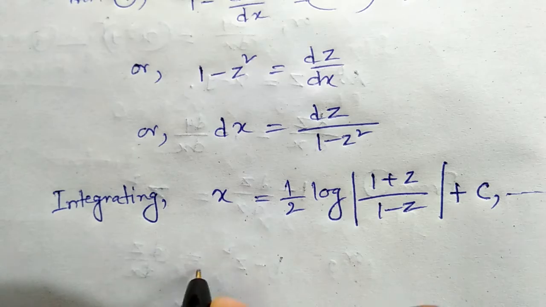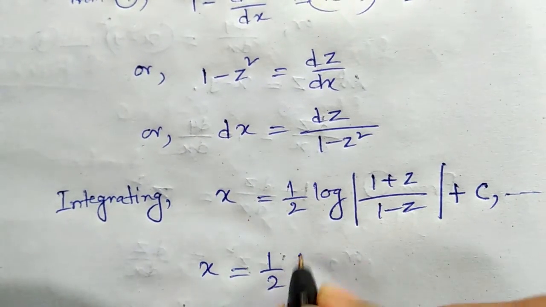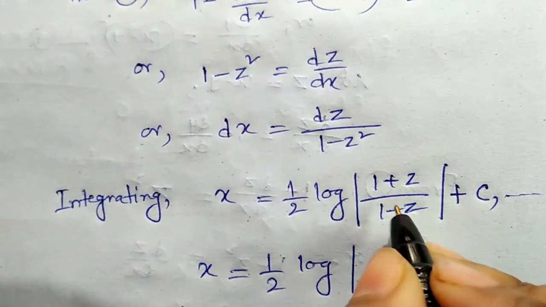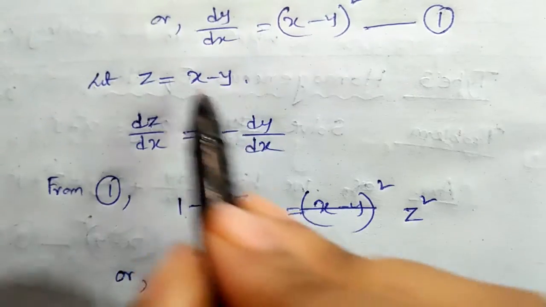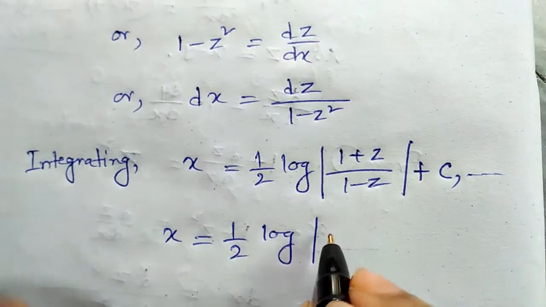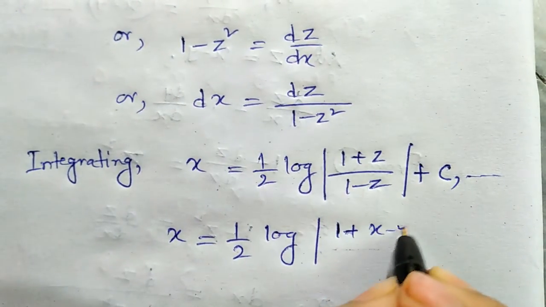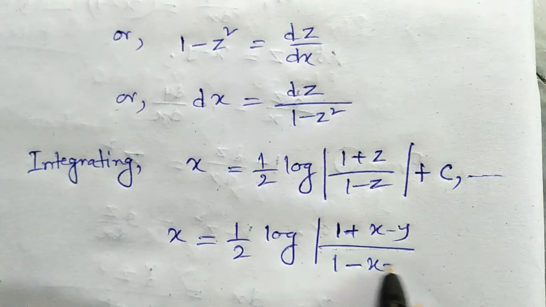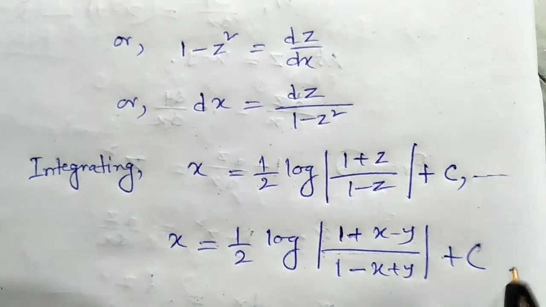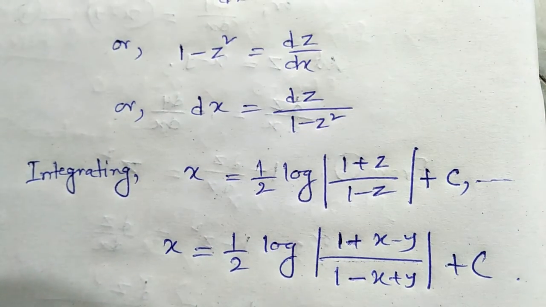Now we have to put the value of z here. z is x minus y, so 1 plus x minus y by 1 minus x plus y, plus c. This is our required general solution.